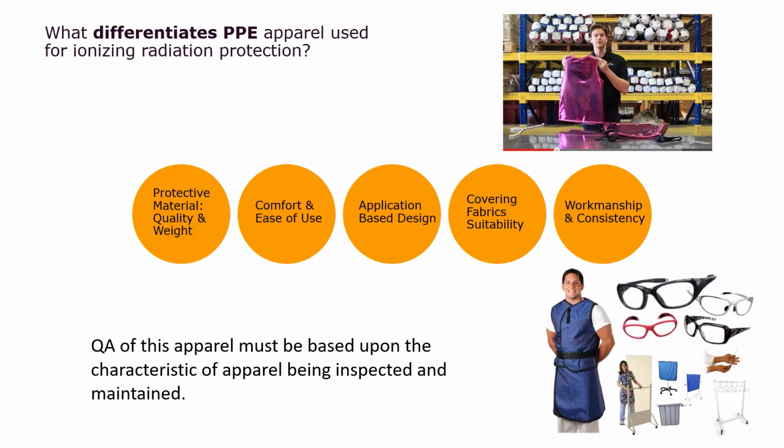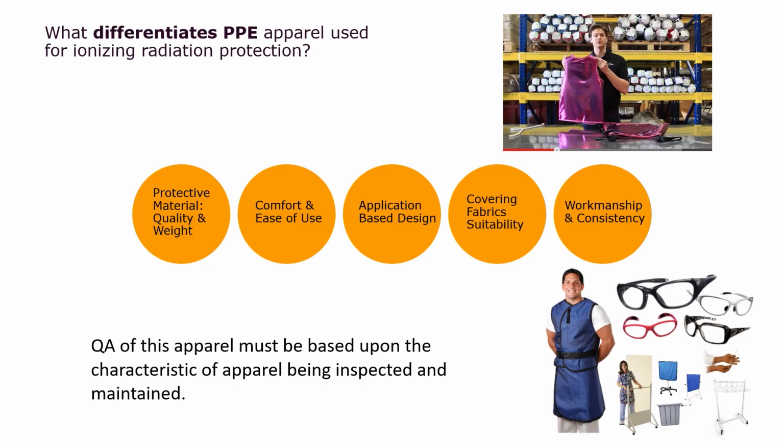We're going to look at some of the QA factors that differentiate different PPE apparel. One of the first factors that most people are interested in, of course, is the protective type of material used for the apparel, its quality, and the weight. What is the comfort and use of each piece? What is the design based upon?